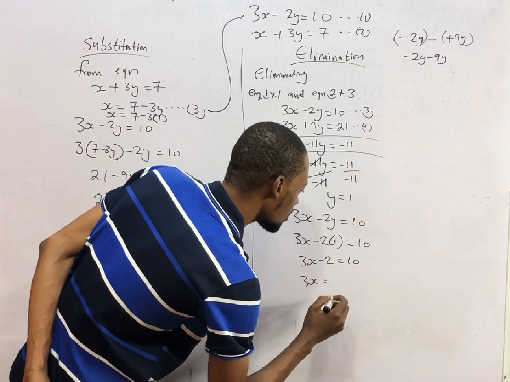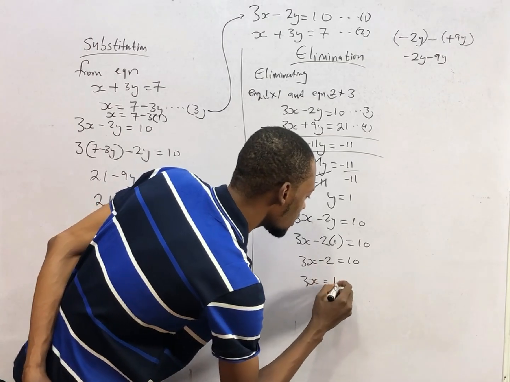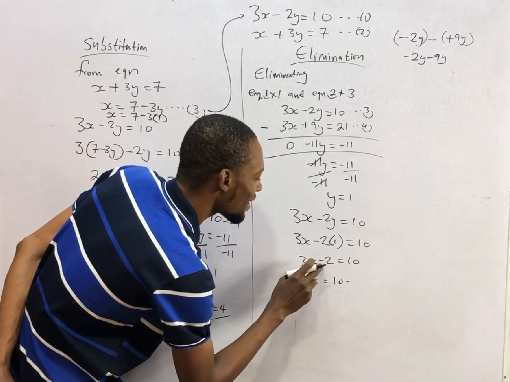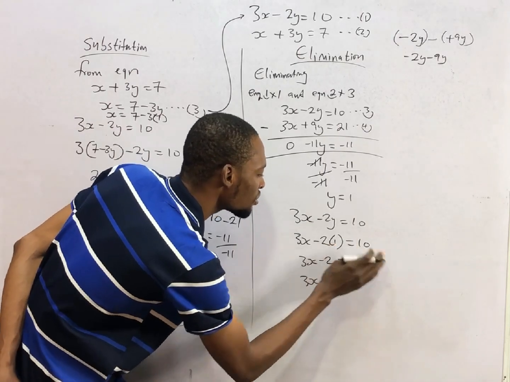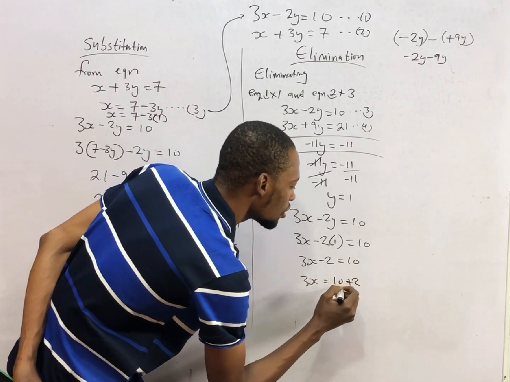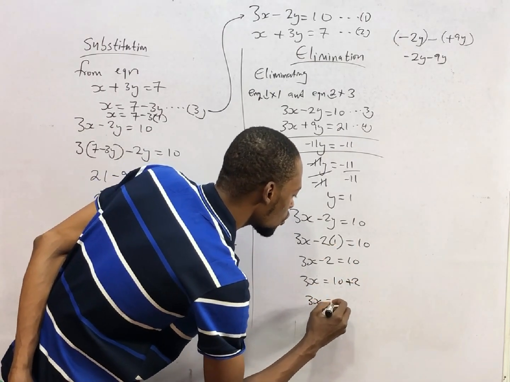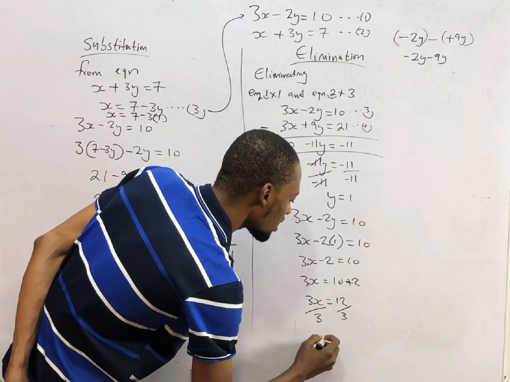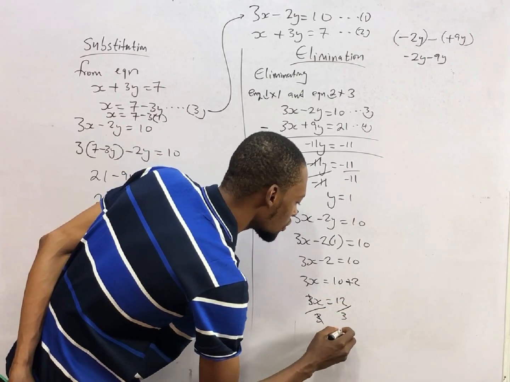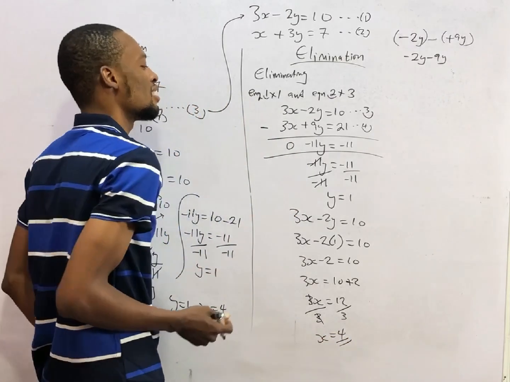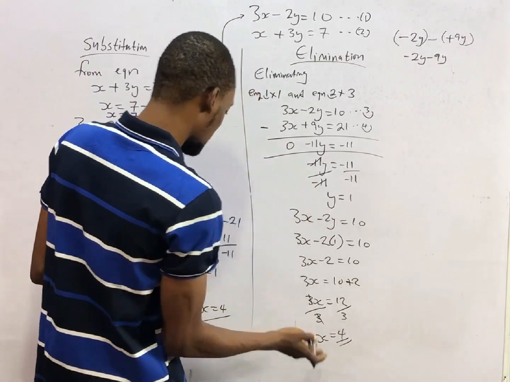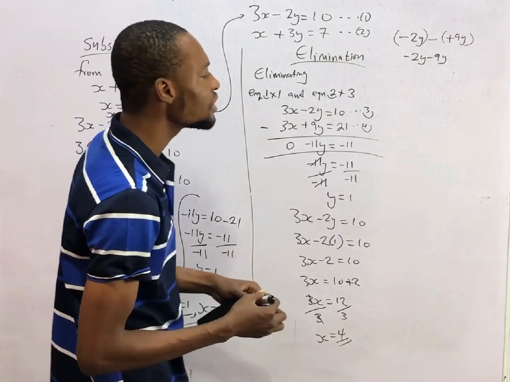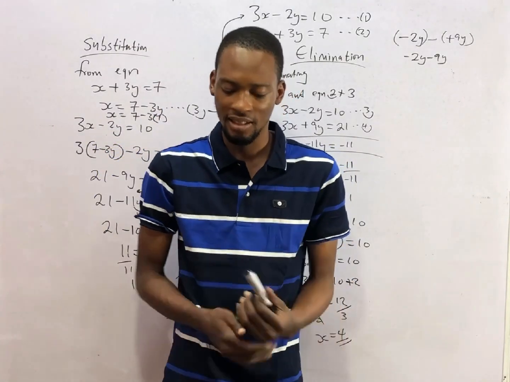As minus 2 moves to the other side, it becomes plus 2. So 3s is equals 12. Dividing both sides by 3, s is equals 4. You see? So y is equals 1, s is equals 4. Anyhow you do it, you get the same answer.